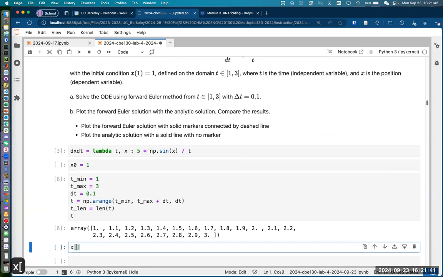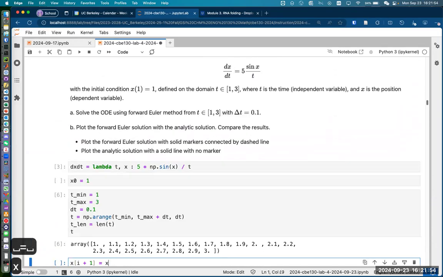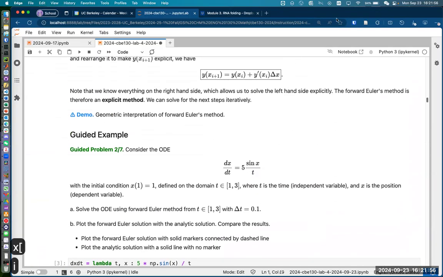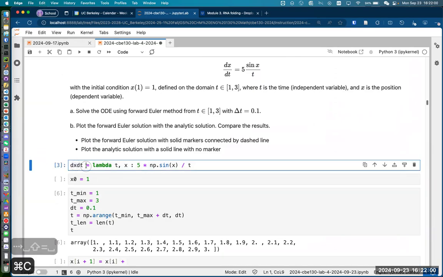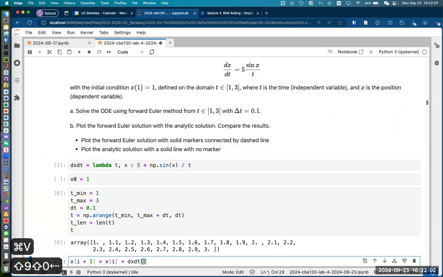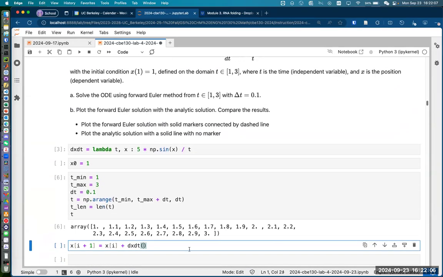So we have x of I plus 1. So t is already ingrained in the index. I plus 1 is equal to x of I plus the derivative, so dx dt, evaluated at x of I.